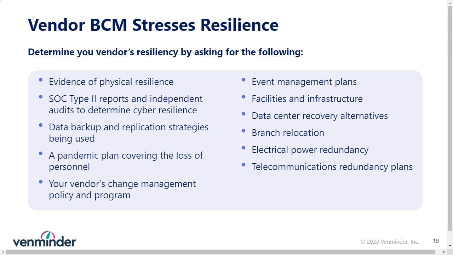You can determine your vendor's resiliency by asking them for the following items: evidence of physical resiliency, such as multiple internet circuits coming from diverse carriers and paths, multiple power feeds, data center scale uninterruptible power systems or UPS and generators, maintenance and testing of supporting systems, as well as many other infrastructure resiliency items we haven't mentioned, like smoke and fire detection and suppression, as well as detection of anomalous events which could predict or provide early warning for a system failure, such as precise and abundant temperature and humidity or dew point monitoring.